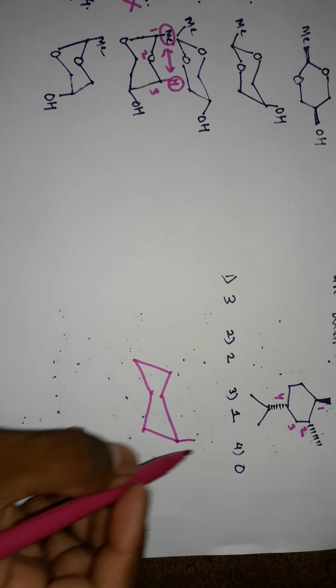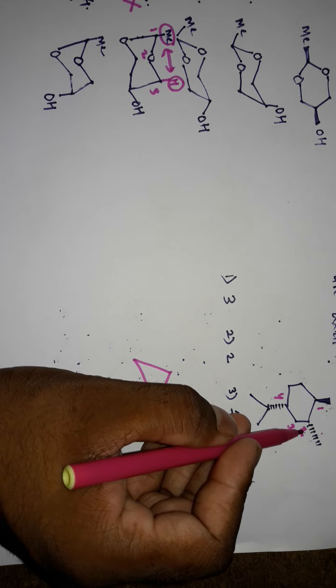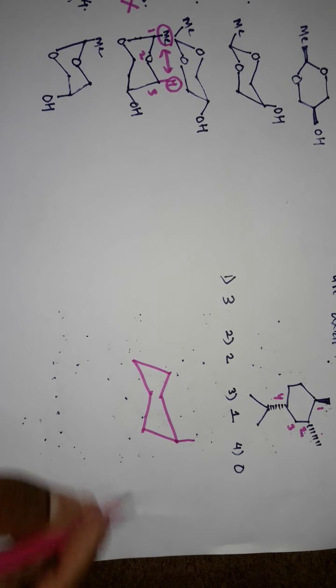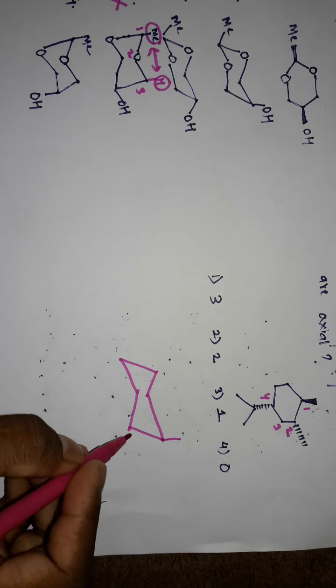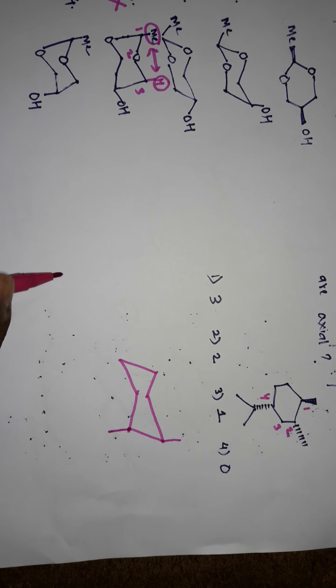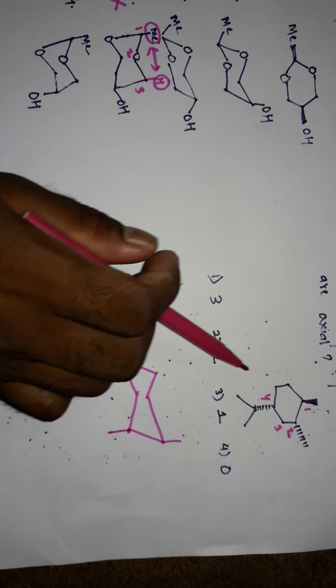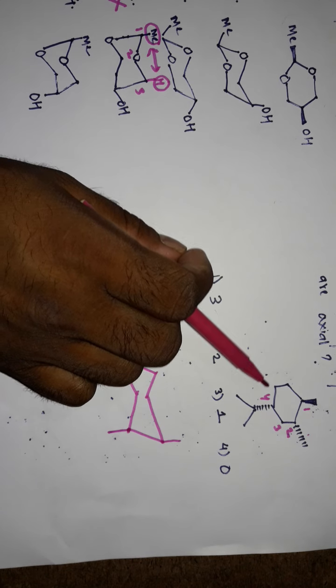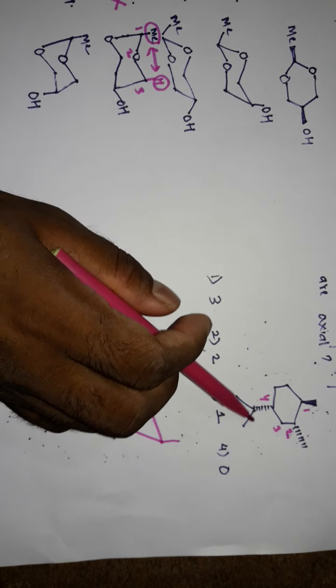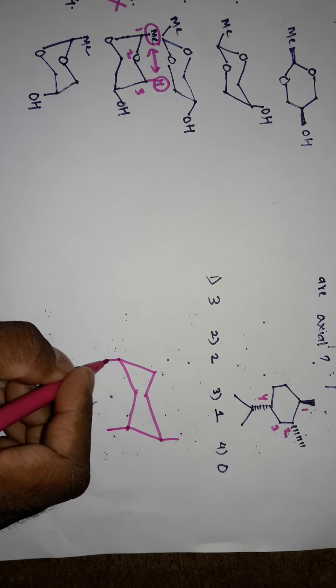In the second position the methyl group is below the plane, so we put it below the plane. At the fourth position, this isopropyl group is below the plane.